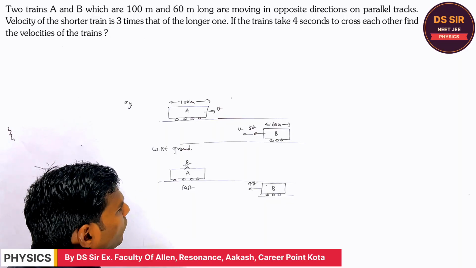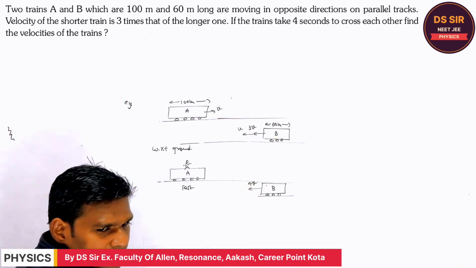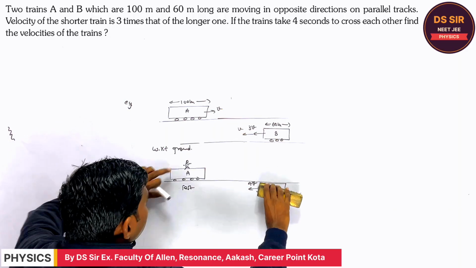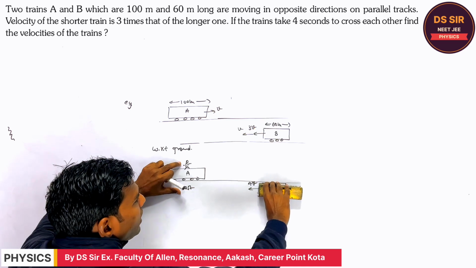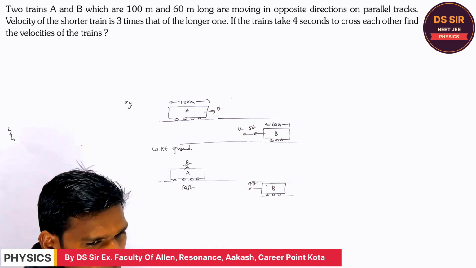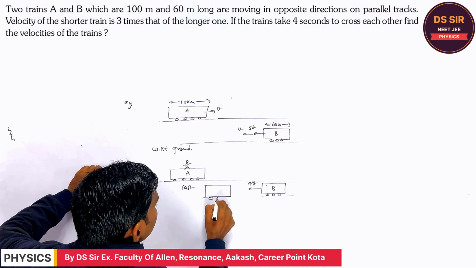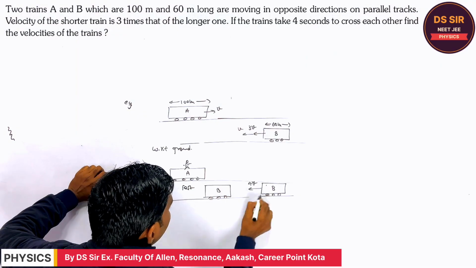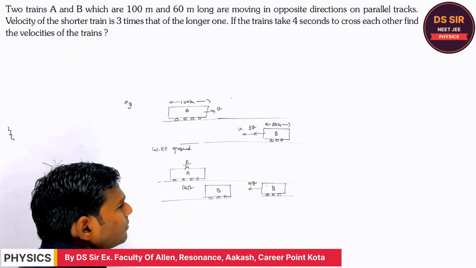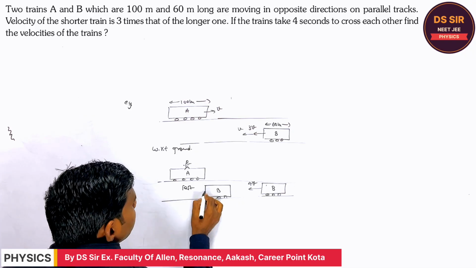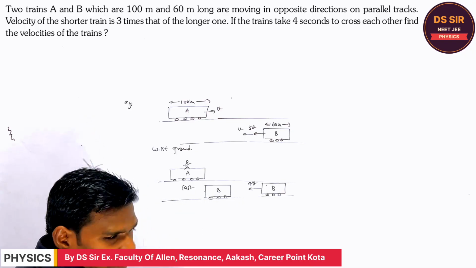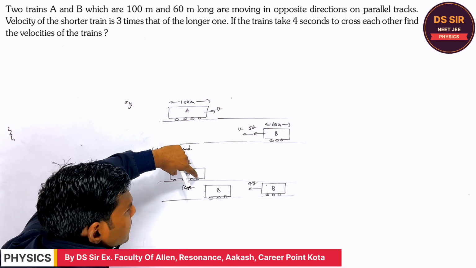So therefore, the car A is at rest. Assume it is at rest and the car B is coming like this. The crossing will start when B reaches this point. What is the velocity? Say 4v, and A is at rest.